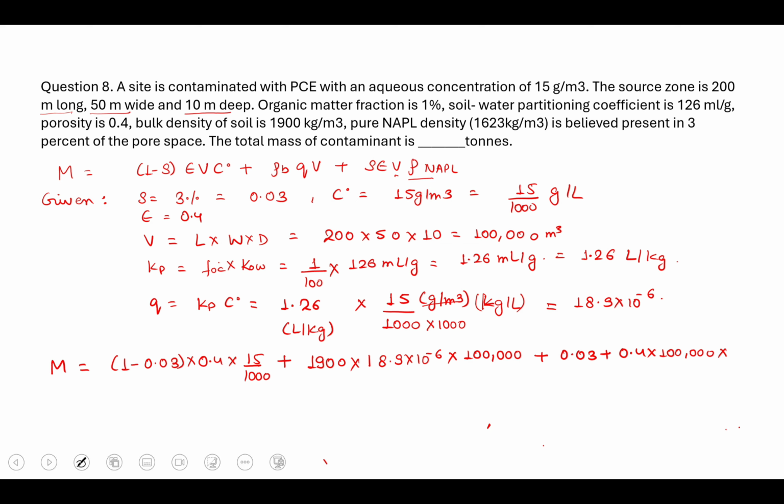And density of the NAPL is 1623. I think we have calculated everything in liters and grams. So let's solve this and find out what value we are getting.